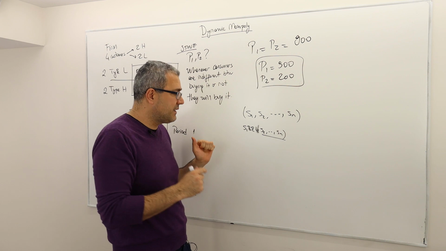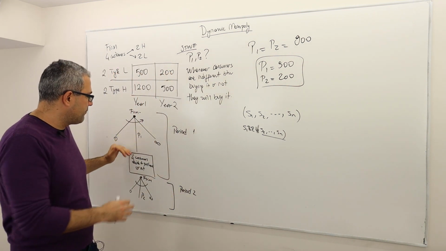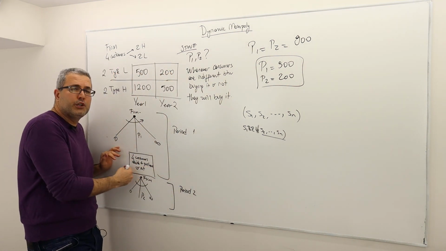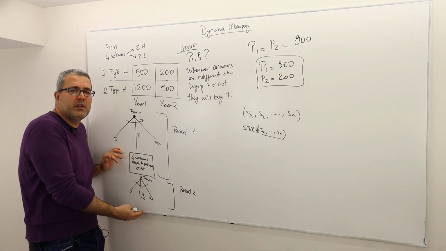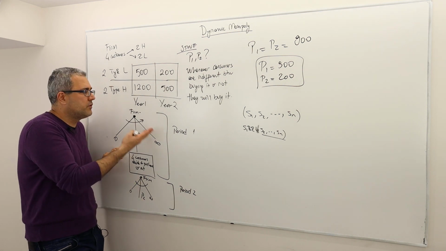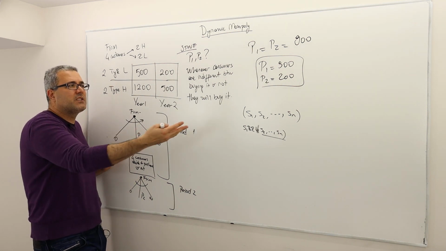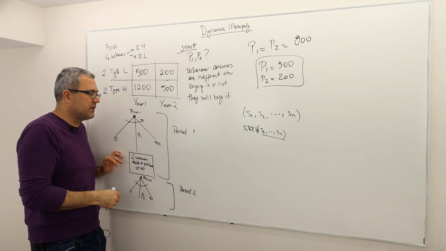So yes, when they play this game, in period 1, when consumers decide to buy this good or not, they clearly do not know the second period prices, because the firm is not announcing both periods' prices.